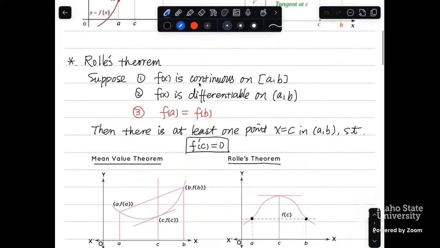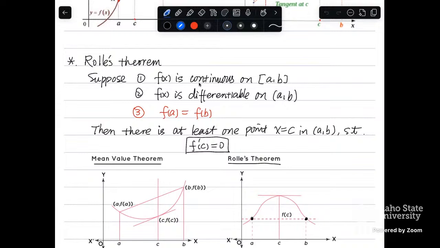A special case of this mean value theorem is what we call Rolle's theorem. Rolle's theorem is a special case. Same conditions as the mean value theorem: f of x is continuous on the closed interval, and the function is differentiable on the open interval.